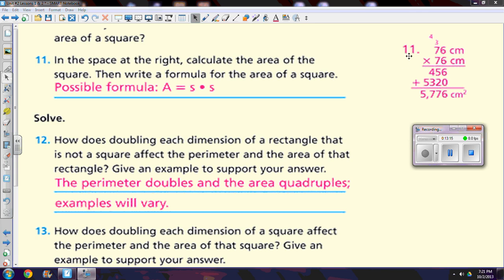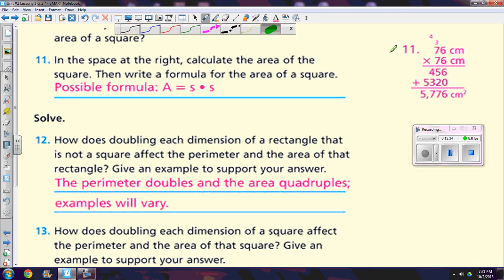So we'll go ahead and solve that problem by writing 76 times 76 for a grand total of 5,776 centimeters squared. Formula for area of a square could be side times side. Again, the dot representing the multiplication symbol. Okay, so number 11, you should have not only the actual multiplication problem, but then this formula.